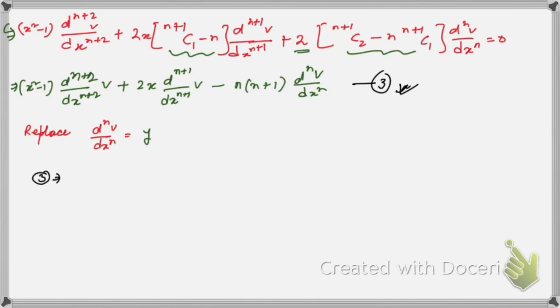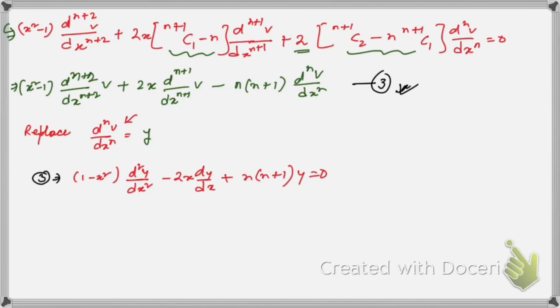and if you replace this one as well as take minus common from these terms, right? Or you can assume that multiplying minus 1 on both sides, then you will get 1 minus x square times the second order derivative of y with respect to x, then minus twice x times the first derivative of y, plus n into n plus 1 y is equal to 0.